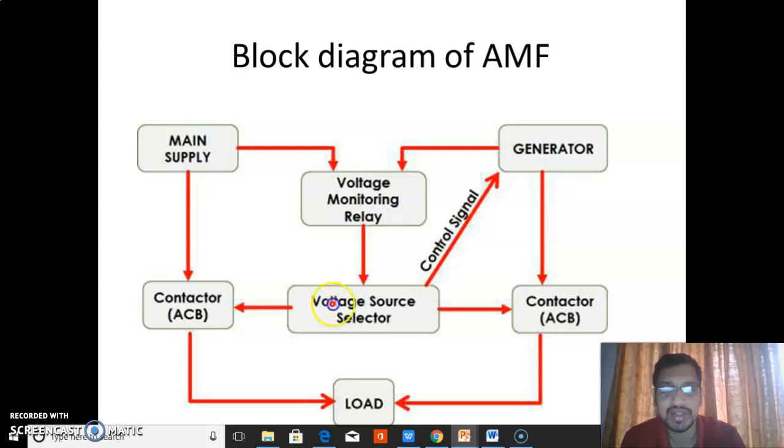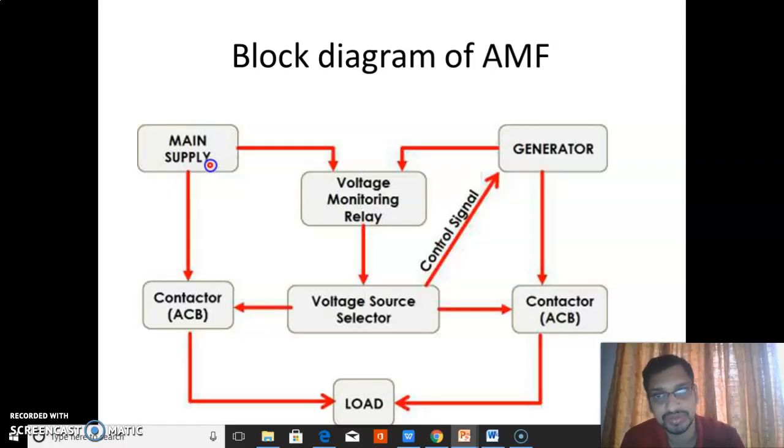In that scenario, the voltage monitoring relay senses the voltage of both the main supply and the generator. The voltage of the generator is 0, and a good voltage value is coming from the main supply.